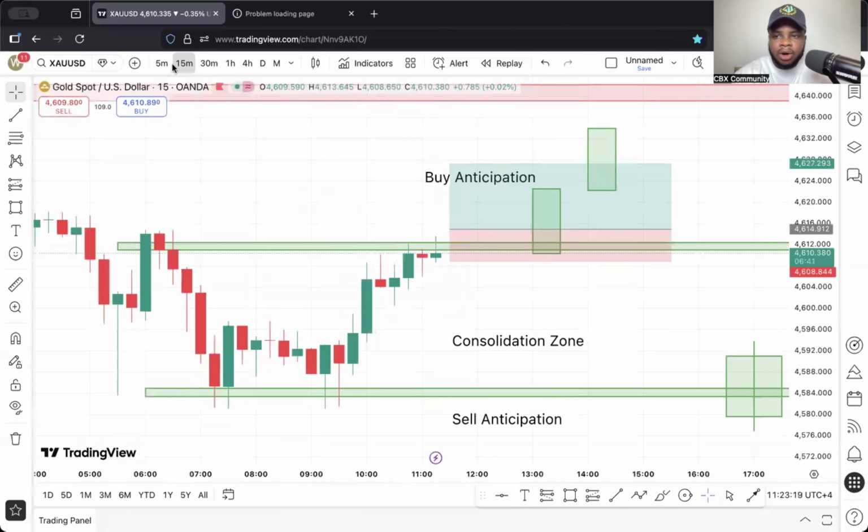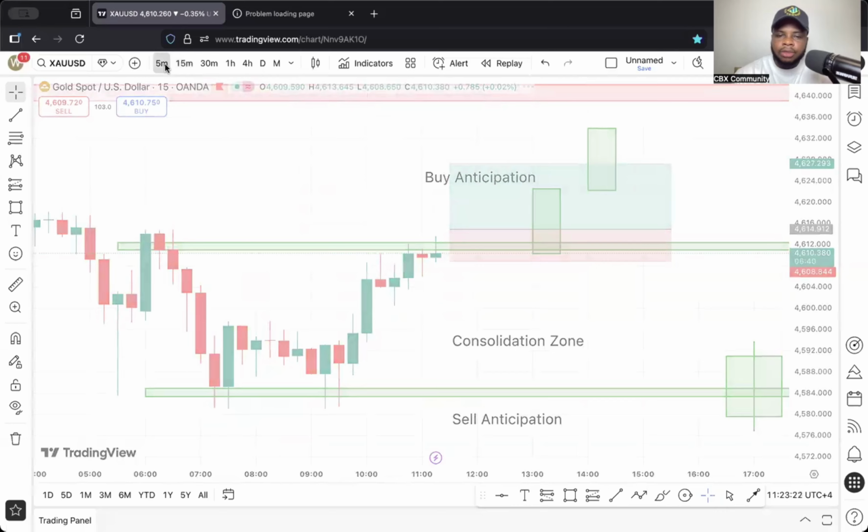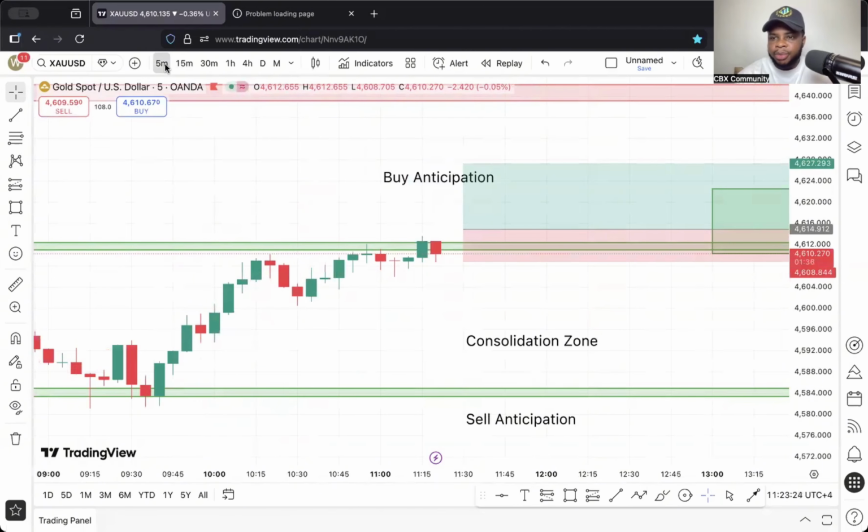This is why I always tell you guys, don't just come to the market when you're not prepared. Having a trading plan is like a structure, something that will guide you through. You are not coming to the market to chase the market. You are not coming to the market to gamble.